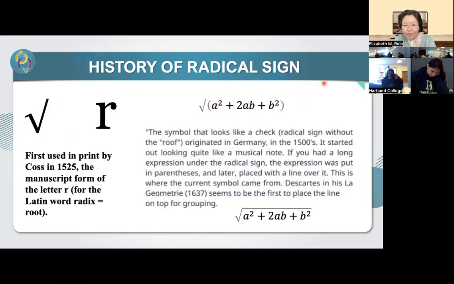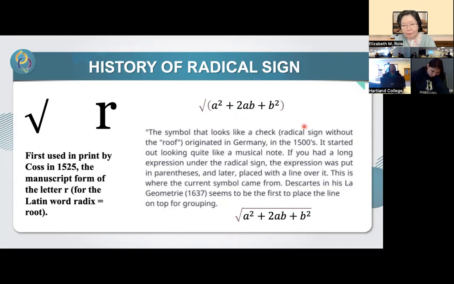There was no roof, but it was Descartes in 1637 who thought that perhaps it is better to use what we call a vinculum. When you put something on top, we call it a vinculum. I mentioned this in the repeating decimal. So now this symbol was used.